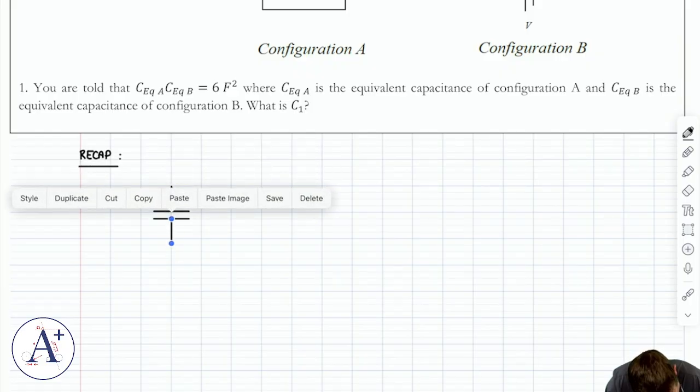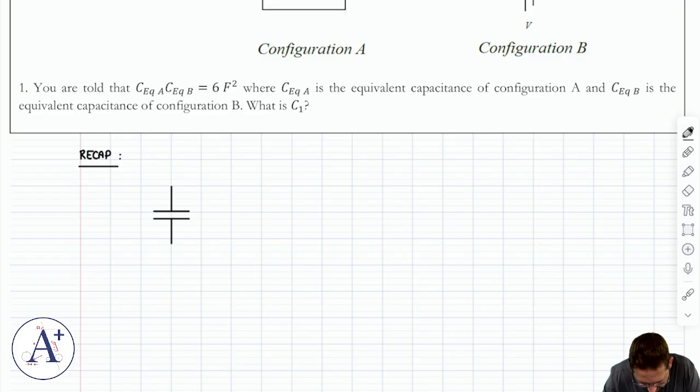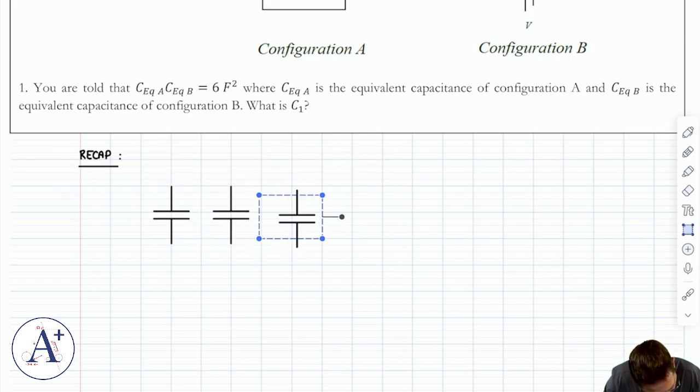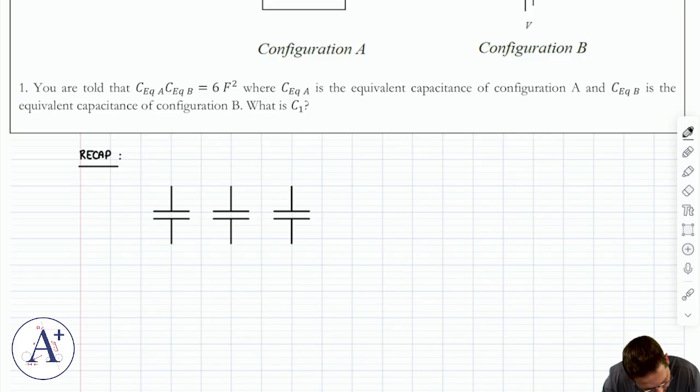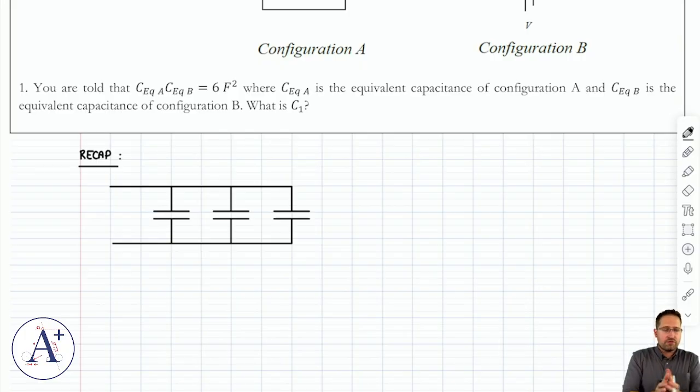Okay, so here's one capacitor, and I'm going to take it, I'm going to duplicate it, and let's say I have 3 of them. Now usually we do it with just 2, but my point is to show you here that 2 or more, the formula generalizes for the equivalent capacitor.